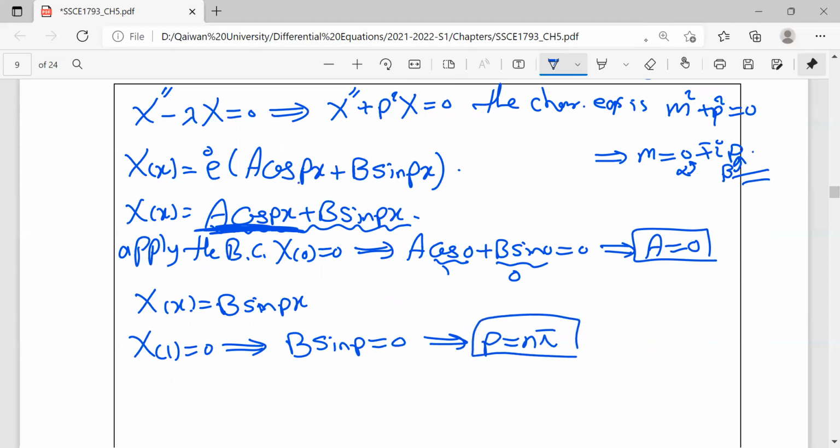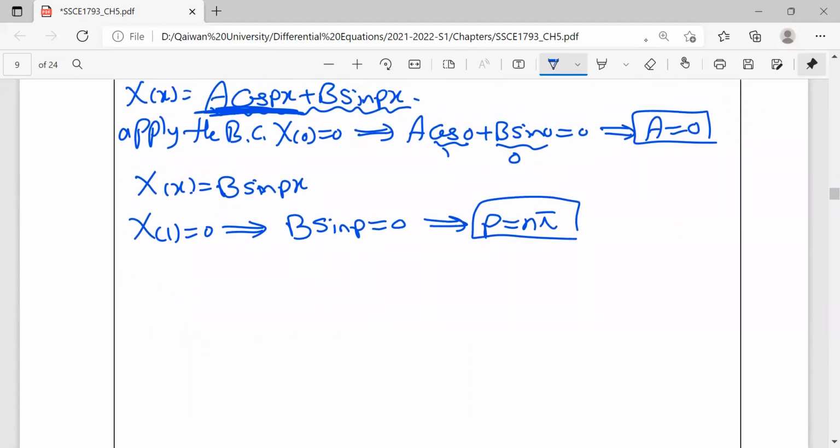We don't set b to 0 because it's a constant. If it's 0, we don't get any solution. That's why we set p instead, and in this case p is n pi.